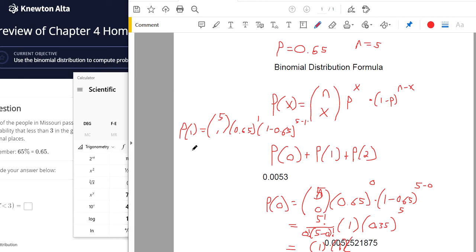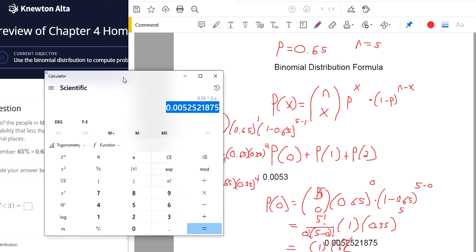Up here we got 5 factorial over 1 factorial times 5 minus 1 factorial, which is again the combination formula you saw earlier. So you get 5 factorial over 4 factorial times 0.65 times 0.35 to the 4th power.